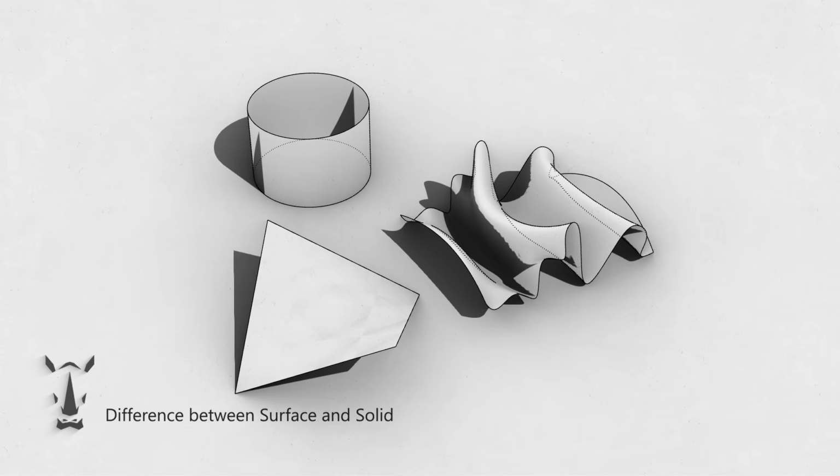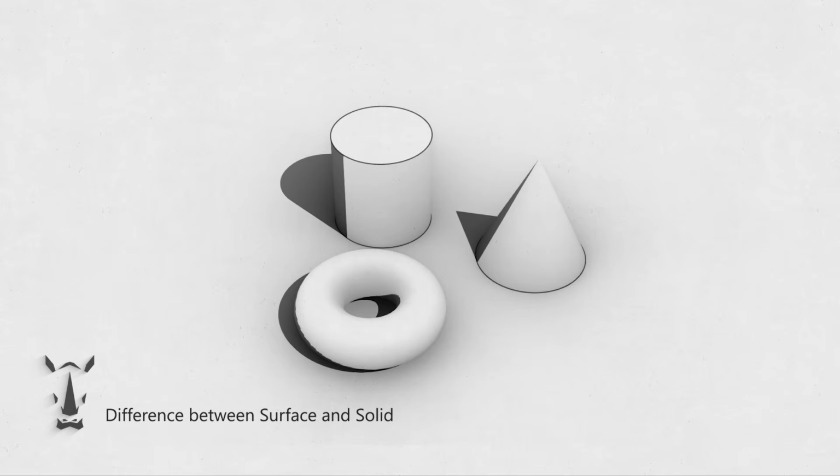All right, so here's the deal, right? A solid is made up of several surfaces and all the edges are totally connected, creating a completely closed volume. You know what I mean? Think of a cube or a closed sphere in Rhino. That's a solid.